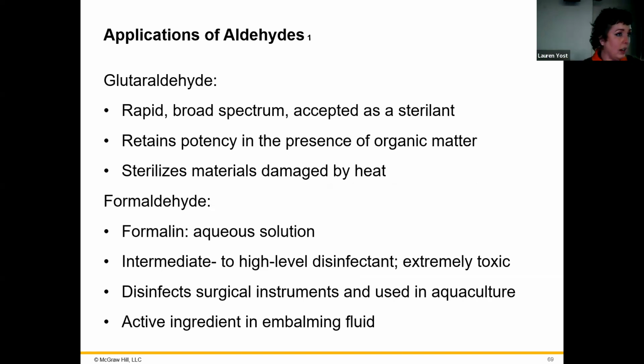So it can sterilize things that would otherwise be sensitive to heat. But formaldehyde is incredibly damaging to tissues, living tissues. So we can use formaldehyde and formalin, which is the aqueous version, so dissolved in water, thank you. We can use that for an embalming fluid for dead bodies, but you would never use formaldehyde or formalin on living tissues or around living tissues.